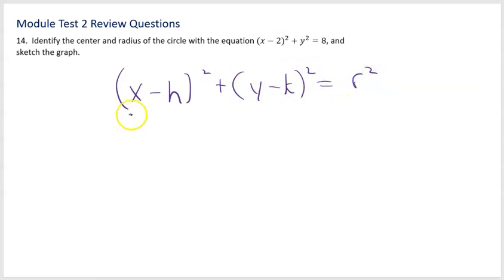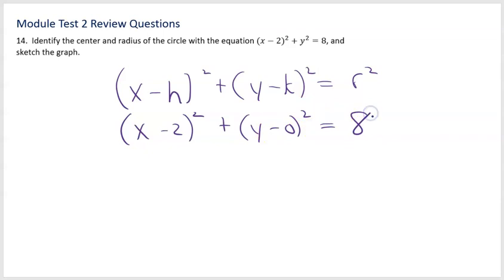So if I compare that to what we have, (x minus 2) squared plus y, look, we're not subtracting anything. How about minus 0 squared, or plus 0, it's up to you, equals 8. Now, line everything up. My h is 2, because there's a negative in the formula like I like. My k is 0, and my r squared is 8.